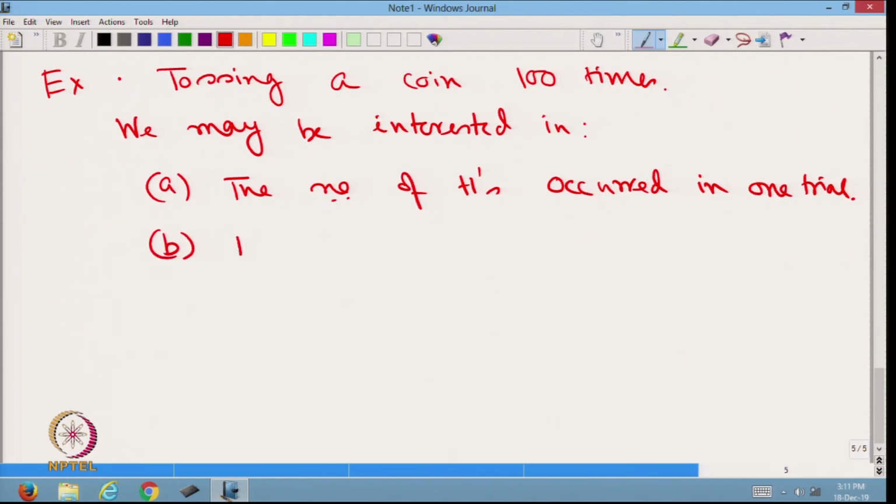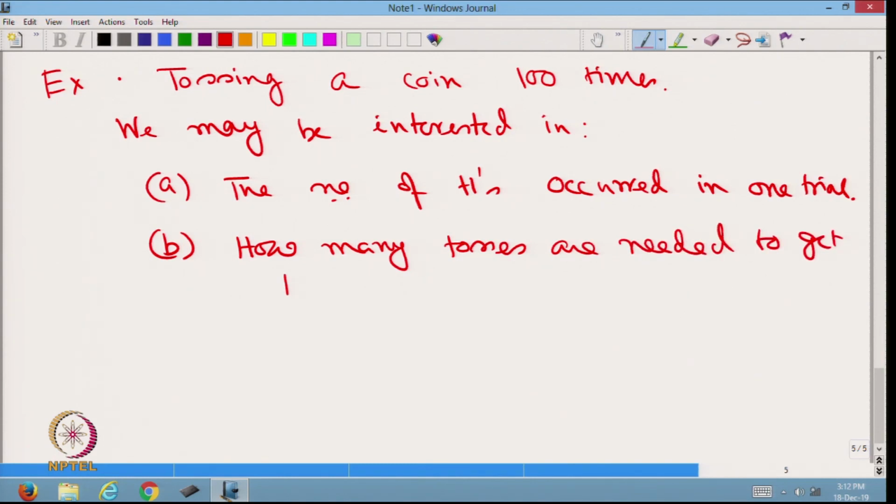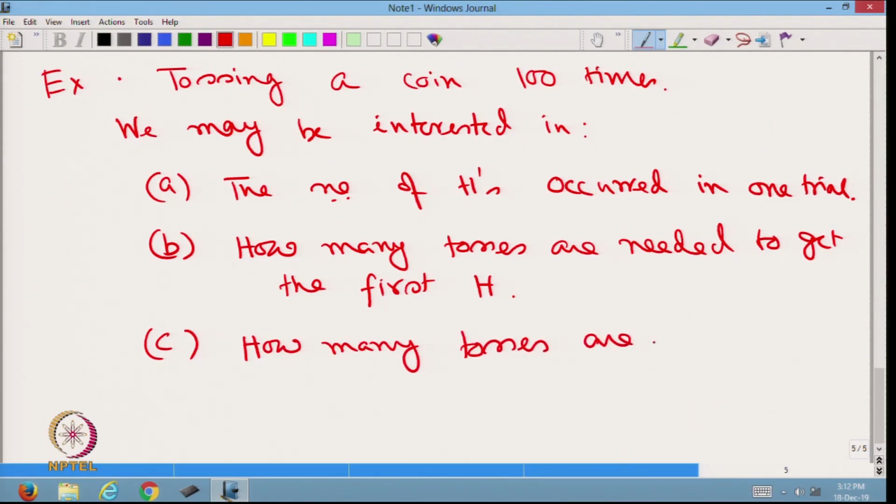One may be interested in how many tosses are needed to get the first head, or how many tosses are needed to get 10 heads, etc.